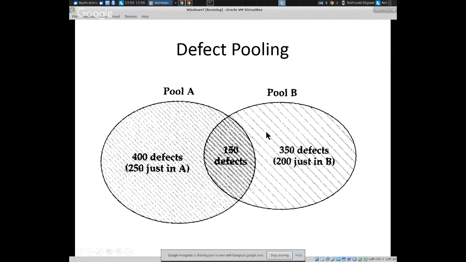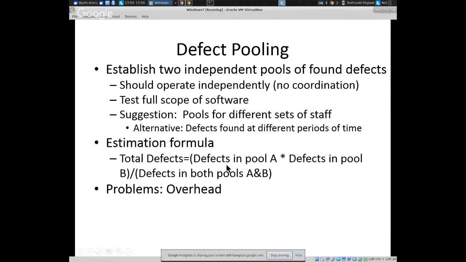So this is just some fraction of this whole, and you're going to multiply the 400 by 1 over that fraction. Or same mathematics, 350 times 400 divided by 150. The key is you've got the defects in one pool times the defects in the other divided by the defects in both pools. Make sense?